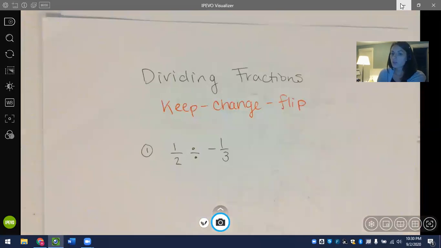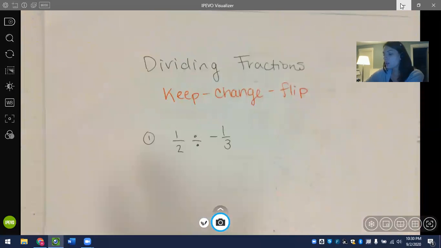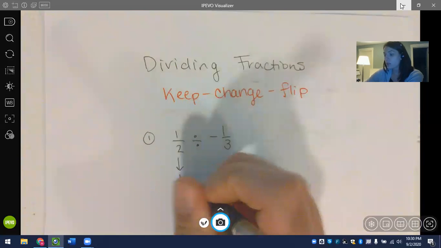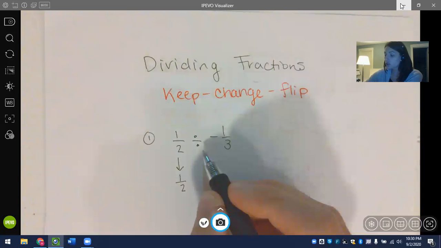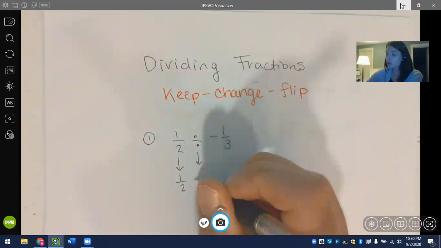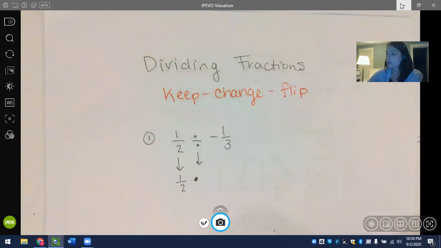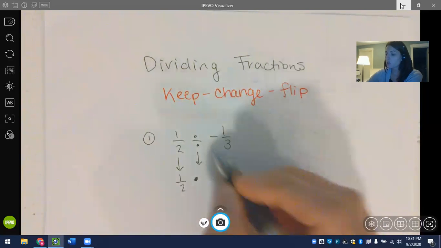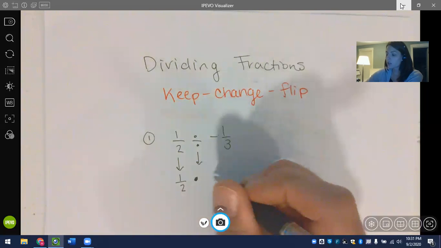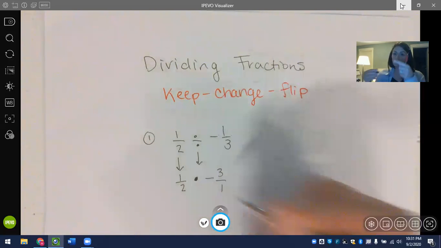Keep, change, flip. I'm going to keep the first term the same. I'm going to change division to multiplication. And I'm going to flip the last term. So flipping negative 1/3 gives me negative 3/1. So by flip, I mean reciprocal.